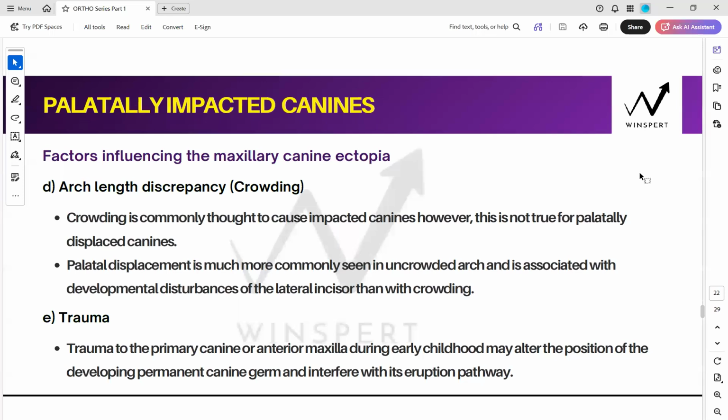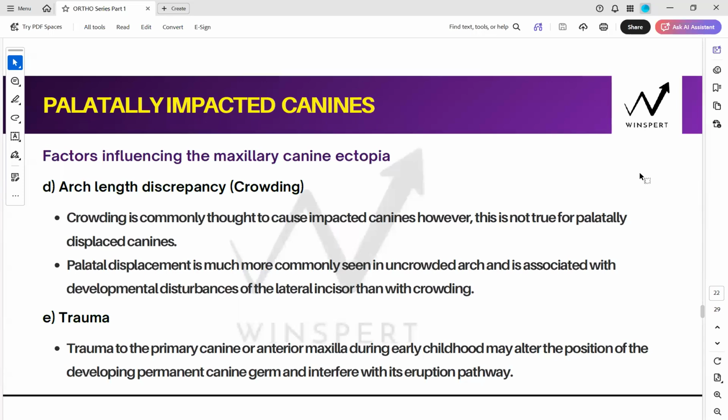Palatal displacement will be commonly seen in uncrowded arch, mostly associated with developmental disturbances of lateral incisors rather than crowding. Is that statement crystal clear for everyone? Palatal displacement is more commonly seen in uncrowded arch and is associated with developmental disturbances of lateral incisor rather than crowding.